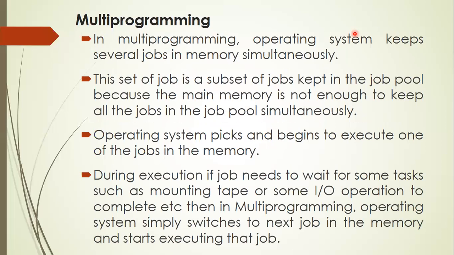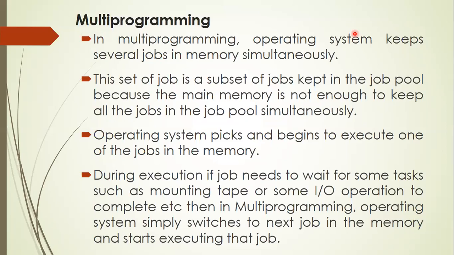In a multi-programming system, instead of one program, we keep a set of programs in the main memory. Assume that we have some 25 programs to be executed. But one thing you should remember is, a computer's main memory is a very valuable resource, and the amount of main memory is much less than the amount of secondary memory in any computer.